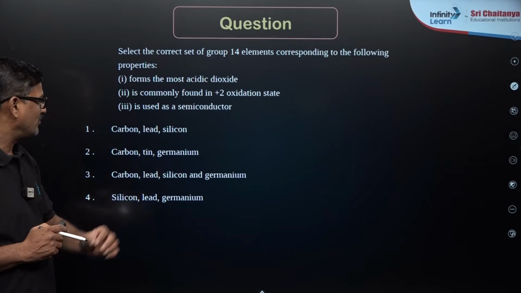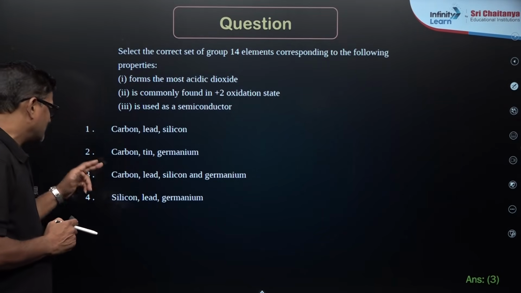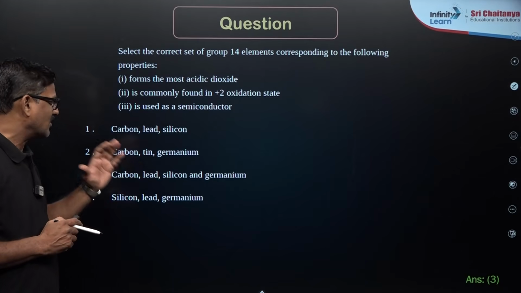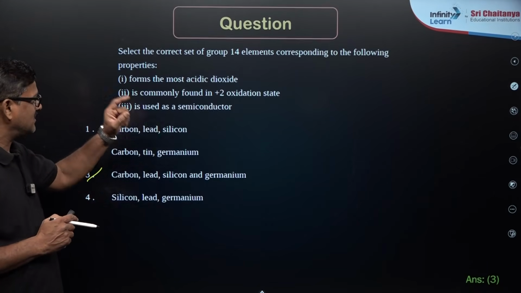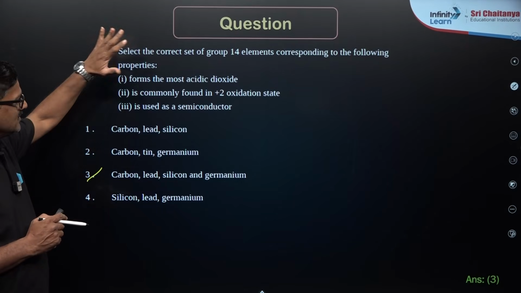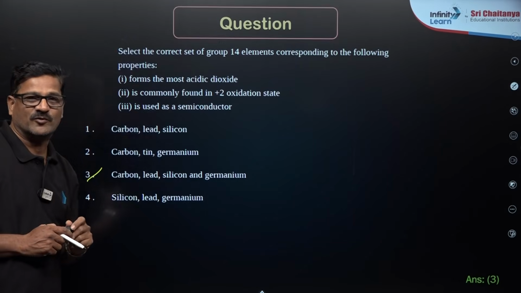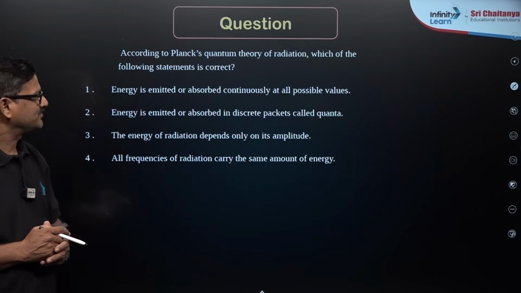I just want to go with the answer, option 3, carbon, lead, silicon and germanium is the correct one. Commonly found in +2 oxidation state, forms an acidic oxide and used as a semiconductor. So these are all the properties related to group 14 elements. Answer 3 is the correct answer for this question.